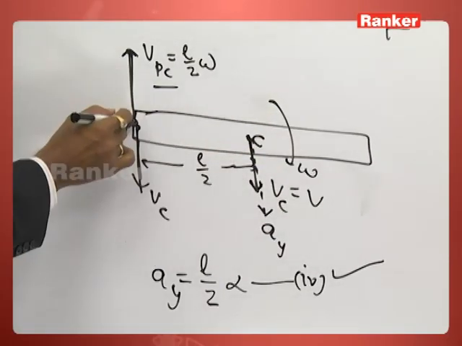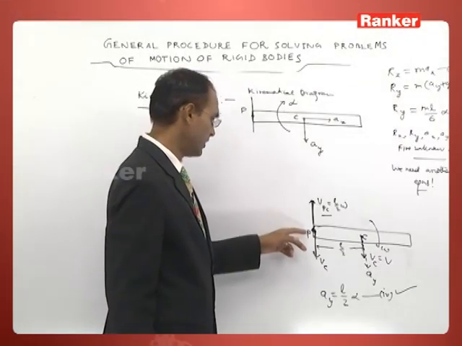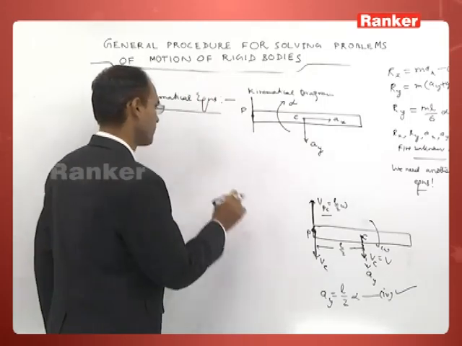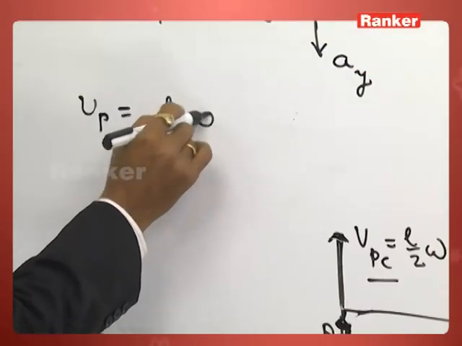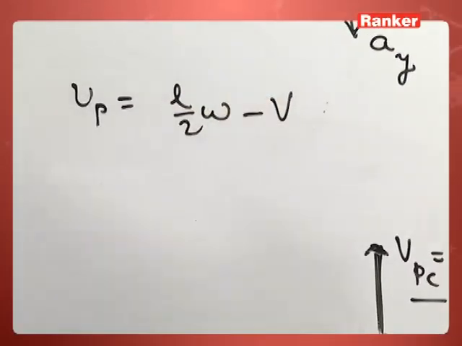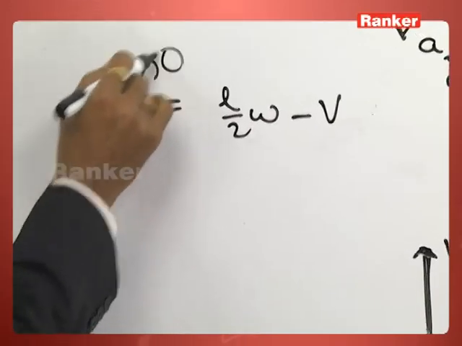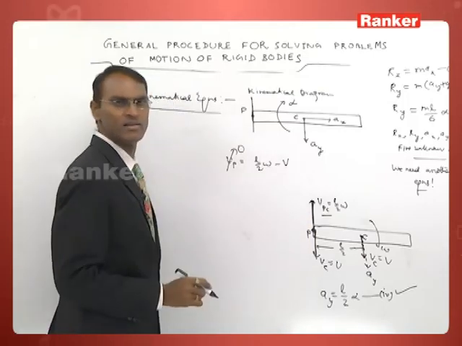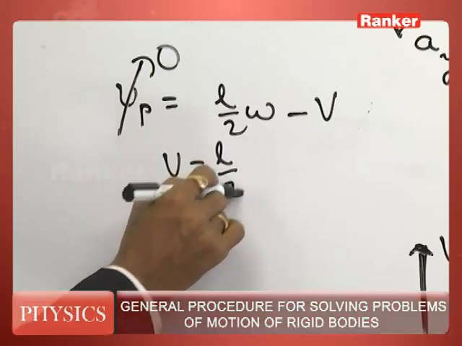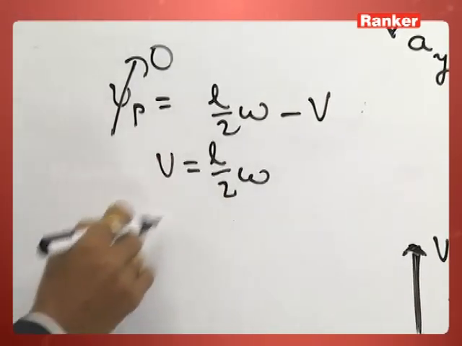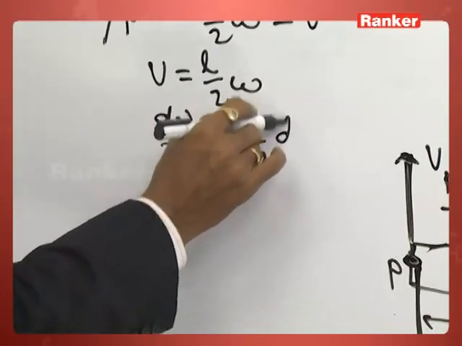You bring Vc to this point, Vc is down, Vpc is up. The velocity of this point is equal to L by 2 omega up, and Vc, that is equal to V down. But this is 0 because this is stationary. When this is not moving, V will be equal to L by 2 into omega. Taking the derivative of both sides, we are getting dV by dt is equal to L by 2 d omega by dt.